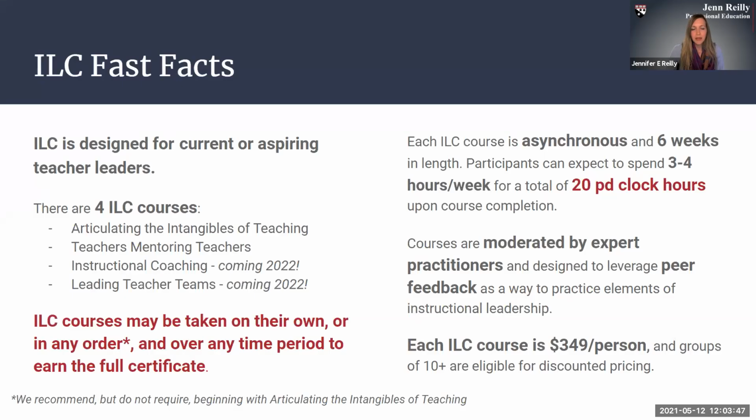So a few fast facts about ILC. This is a lot to take in. You can read it as you go, but I will pause on each item for just a second. ILC is designed for current or aspiring teacher leaders.